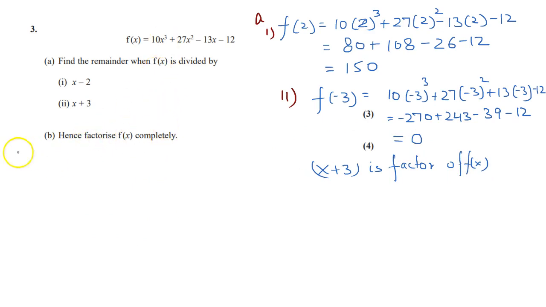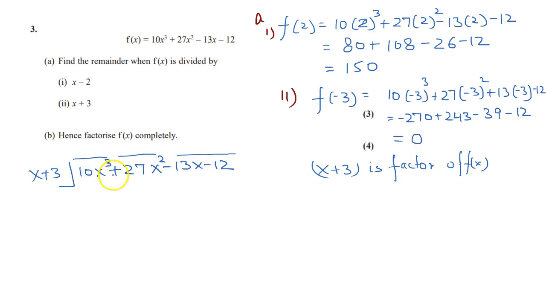Now hence factorize it completely. So x plus 3, this is 10x cube plus 27x square minus 13x minus 12. So this is 10x square. 10x square multiply x, this is 10x cube plus 30x square. Negative, negative, this is cancelled.